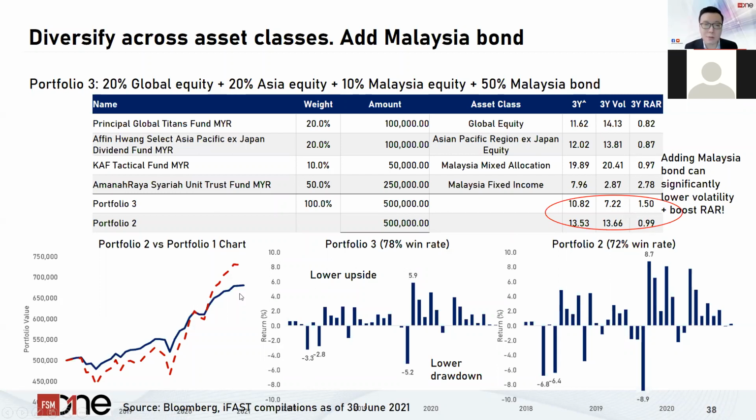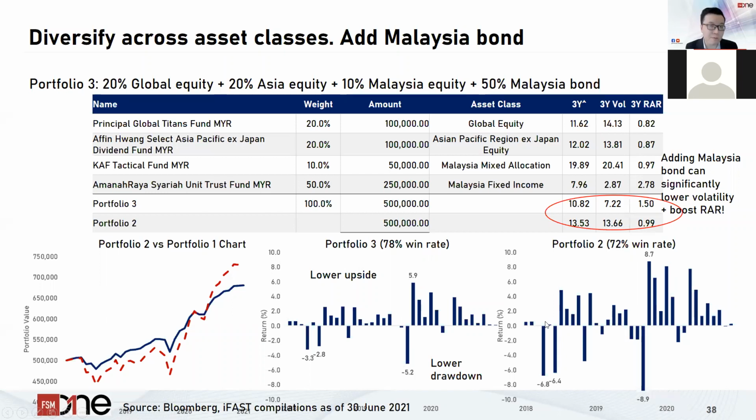And you can see why the portfolio vol has dropped so much from the chart here. It's much smoother compared to the previous 100% equity fund. Sometimes equity does well, sometimes bonds do well. That's where the diversification benefits come in. And in terms of the drawdowns and the upturns, the monthly movements are also much lower.